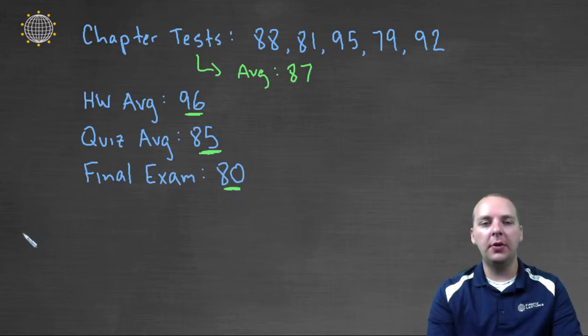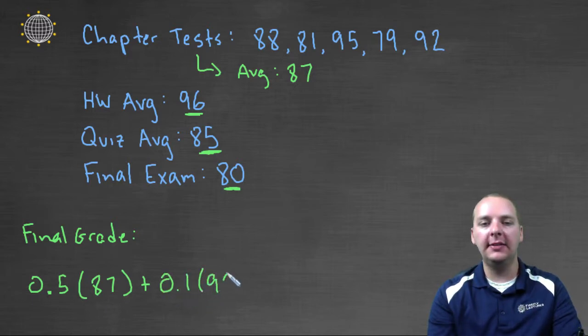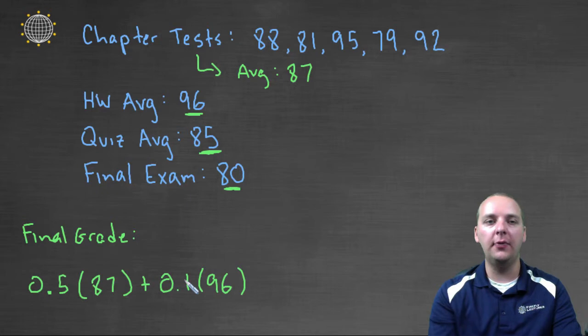So here's how we're going to compute our final grade. We're going to take 0.5, that's 50%, that's the weight for the chapter test, times 87. We're going to add to that 0.1 times 96, that's 10% weight for the homework average of 96.